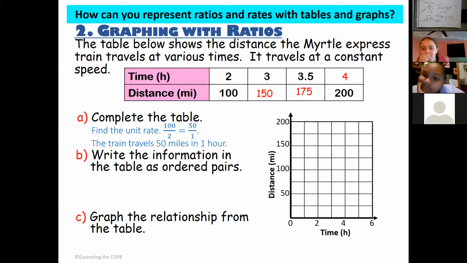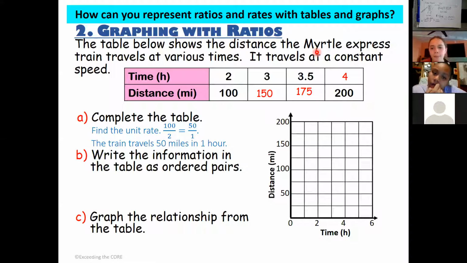And in order for you to find the 3.5 right here, you'd have to do a little bit of math. Lottie, what do you think we should do? Since it's 3.5, you could add half of 50 to 3.